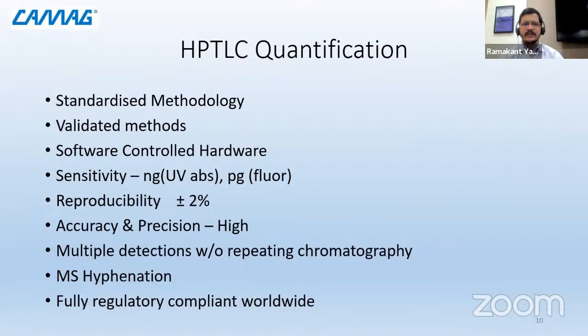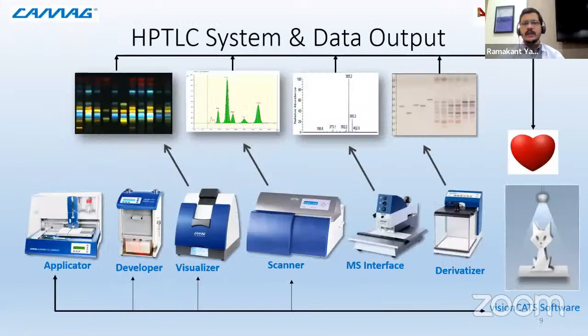By standardized methodology, we can fully validate the methods, and as per ICH Q2(R1) guidelines, we are validating the methods. Reproducibility of results is plus or minus 2%. Accuracy and precision are very high, and multiple detections without repeating chromatography are possible. You can see here the huge data output we can generate: images of the plate under different illuminations, then chromatograms, called densitograms, then masses of separated bands, and then plate images after derivatization. All these data we can generate.